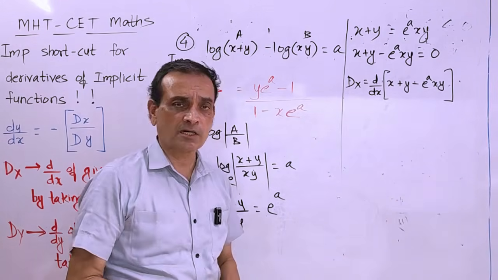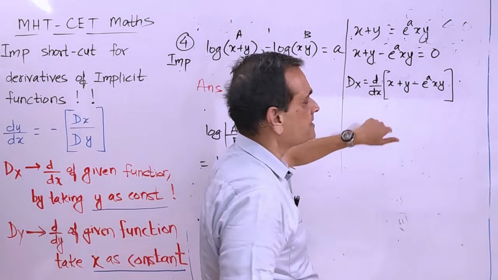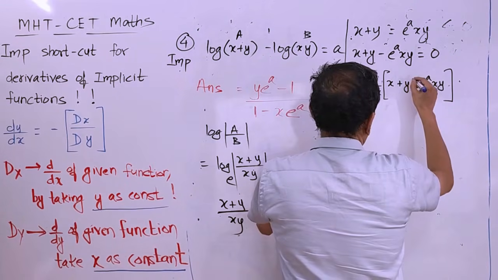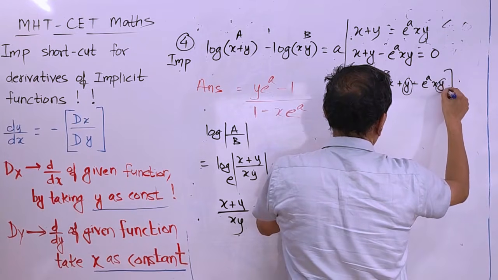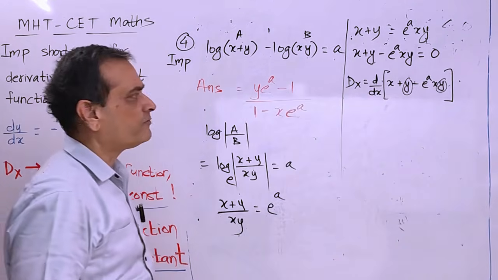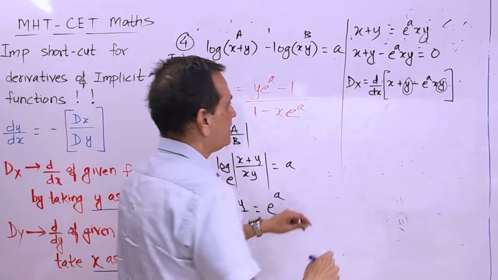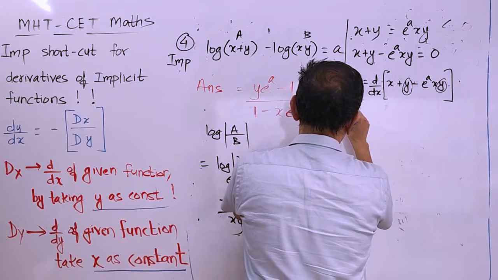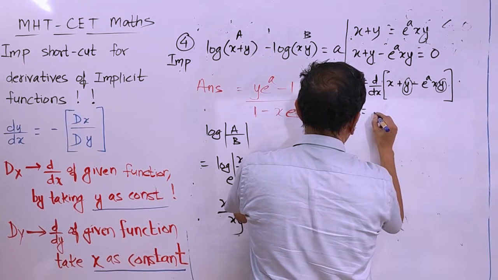But here this will be faster. So when you say d by dx, y is a constant. Derivative of x is taken as 1. Keep y as a constant aside. d by dx of x is 1.